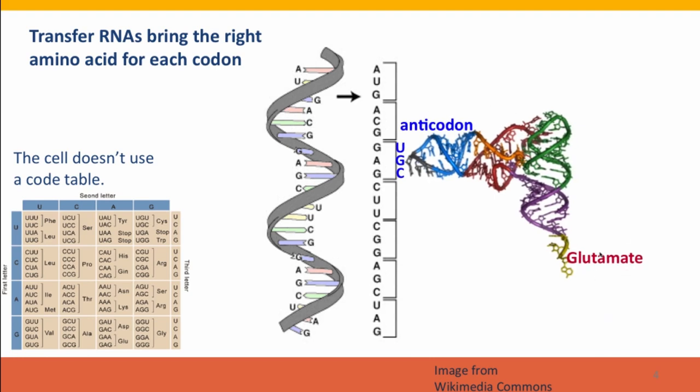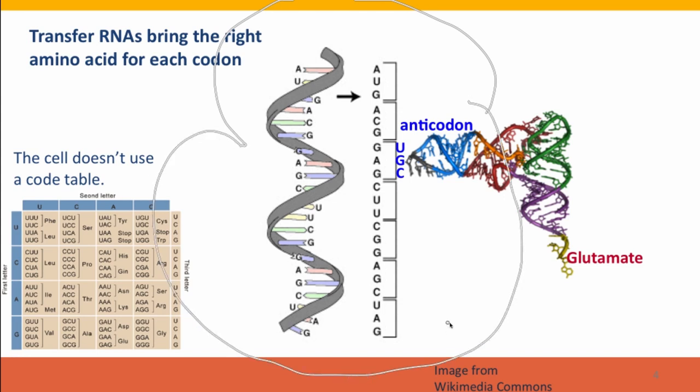So the transfer RNA brings the glutamate to the messenger RNA inside the complicated structure that I've been referring to, the ribosome. So the ribosome is the big protein synthesis factory.